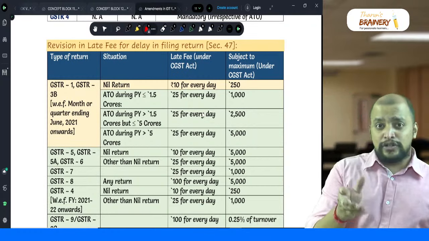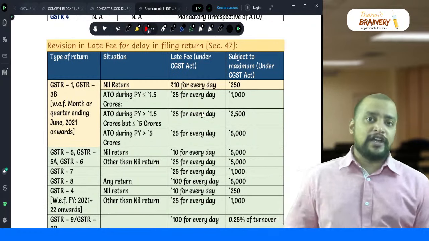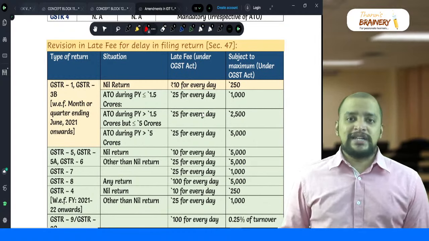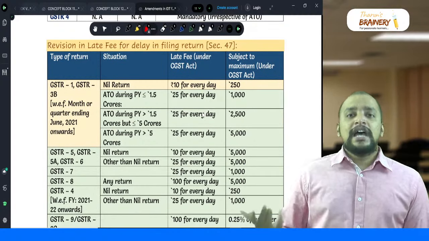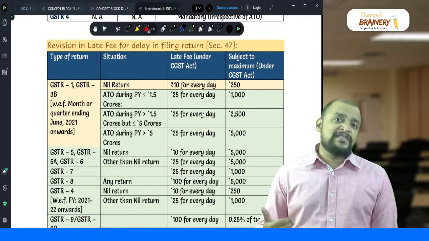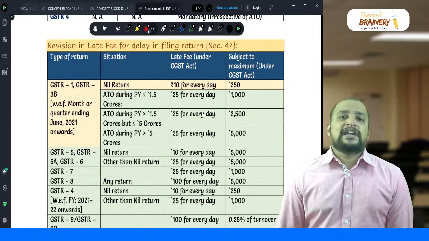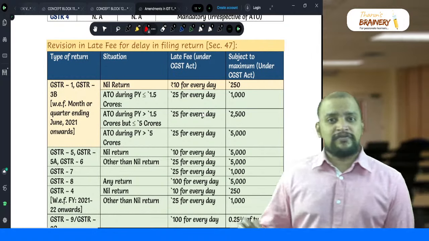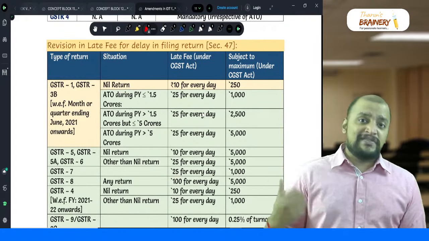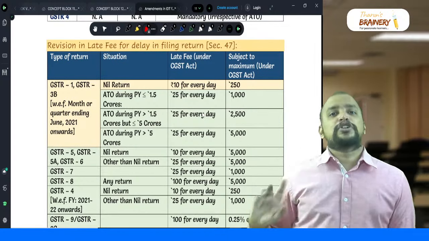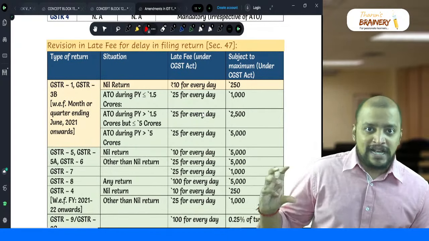If the aggregate turnover does not exceed 1.5 crores, 25 rupees per day subject to a maximum of 1000 rupees, under each Act, of course. If it exceeds 1.5 crores but does not exceed 5 crores, same 25 rupees per day but subject to a maximum of 2500. If it exceeds 5 crores, again 25 rupees per day but subject to the original maximum of 5000.